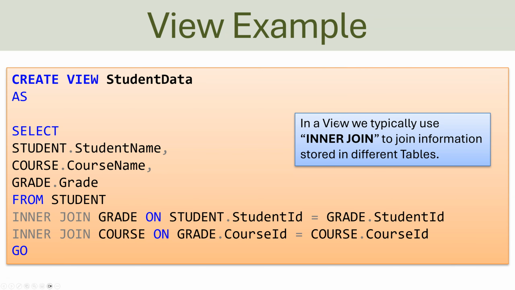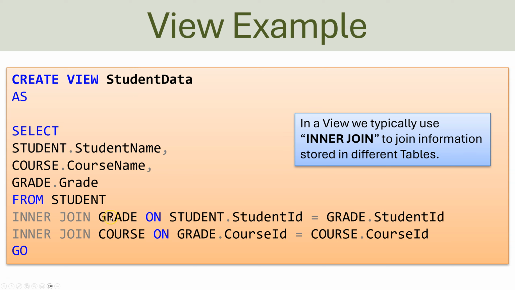So here you see an example of how we can create a view. Basically, if you create a view using SQL commands, you just need to use this command, create view, and the name of the view, and then as, and then under select you need to specify the columns that you want to include in the view, and then here you need to specify the different tables, so from student, and then you need to use inner join to join the different tables together, because you have the student table, the grade table, and the course table.